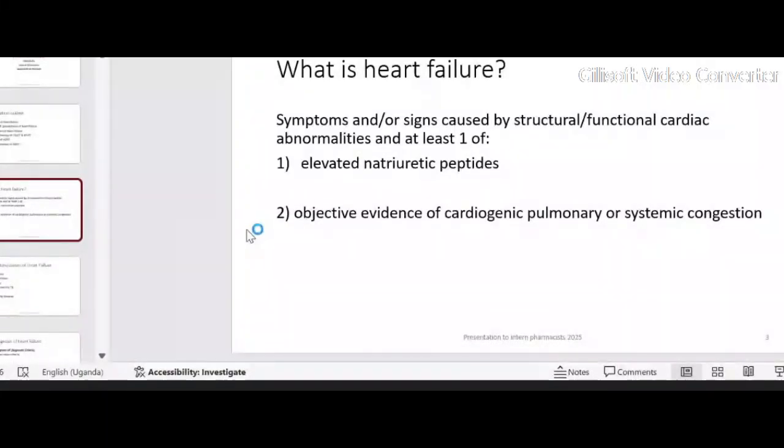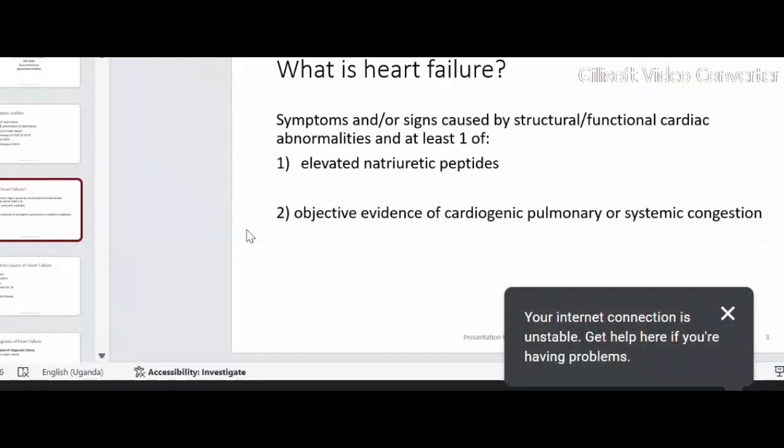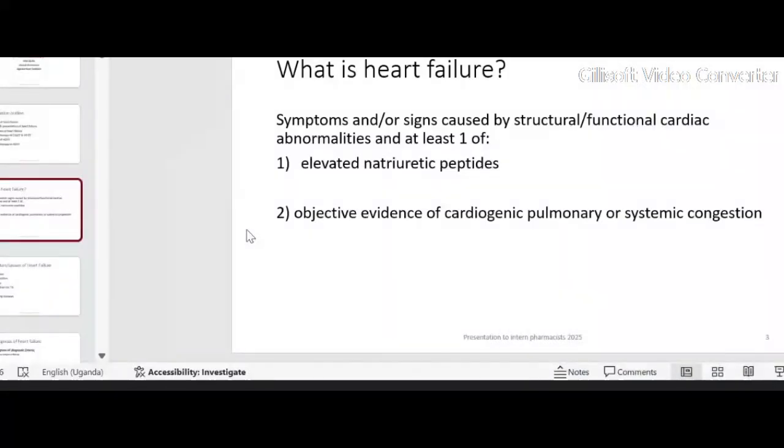So the anatomy of the heart has been compromised, or the patient actually has poor function. The heart is not performing well. The ejection fraction is poor. Cardiac output is poor. Stroke volume is poor. Or maybe end diastolic volume is poor. That is what function refers to. So one of those two, either structural derangement or functional derangement.